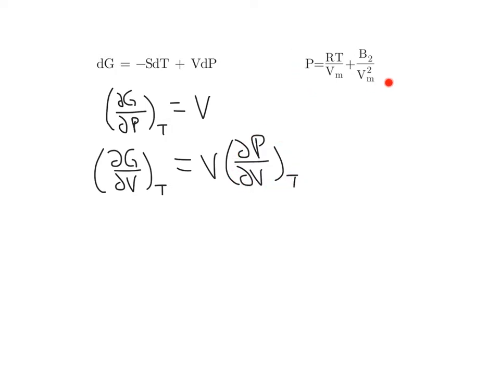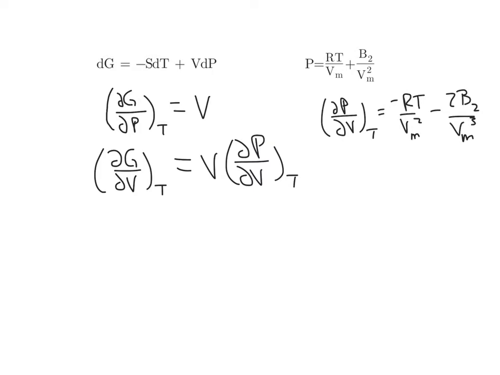And I can get that by differentiating my equation of state. If I take the derivative of pressure with respect to volume at constant temperature, I end up with minus RT over the molar volume squared minus 2 second virial coefficient divided by molar volume cubed.